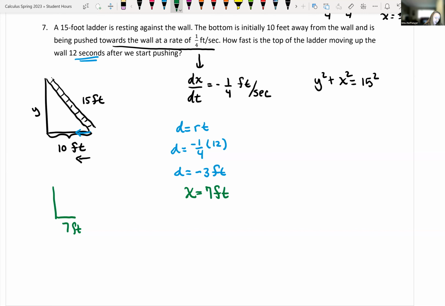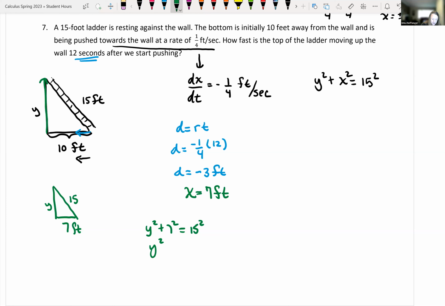So we want to figure out what the height of the ladder is. That ladder is extending up. As we push it up against the wall, that height is increasing. We call this y, and this is 15. So let's figure out what y is after 12 seconds. We get y squared plus 7 squared equals 15 squared.